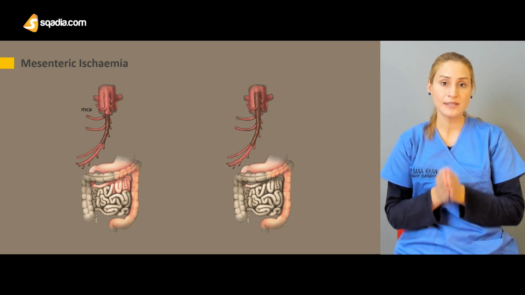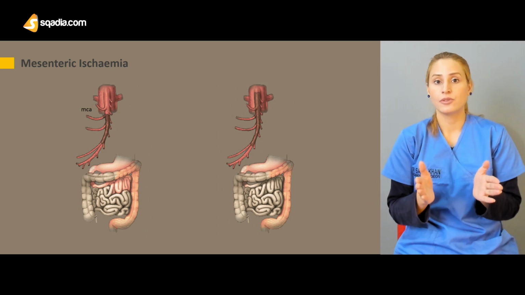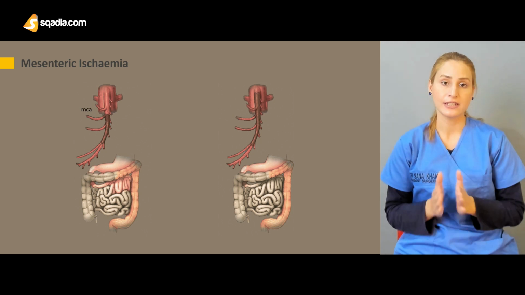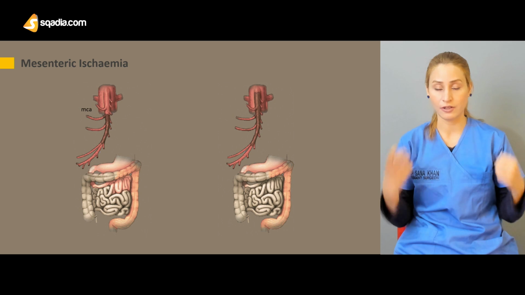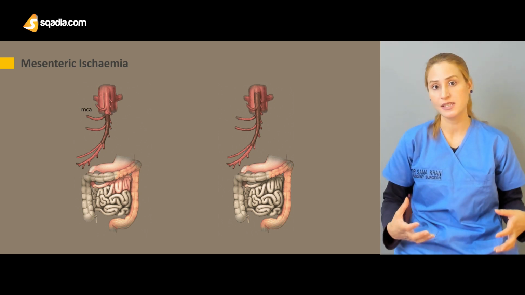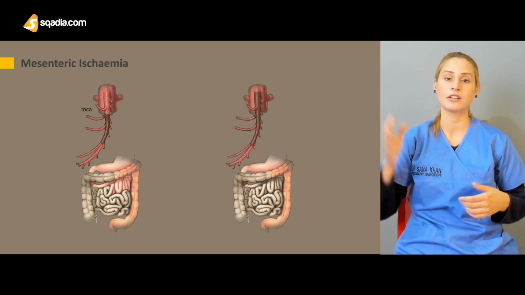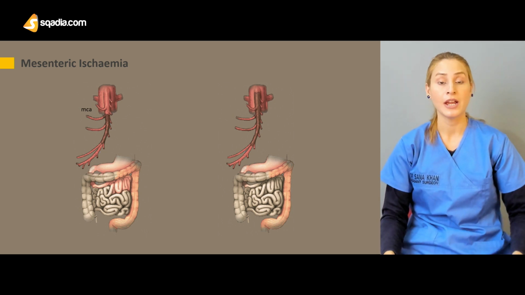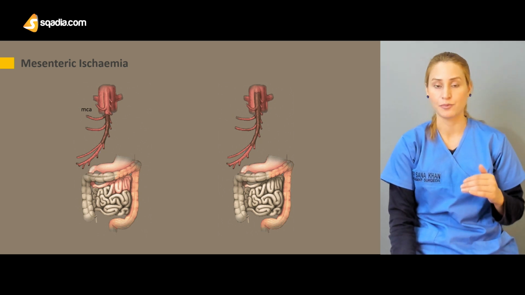So that's why it is important to diagnose this disease earlier and save the gut, because if you open up your patient and do the exploratory laparotomy, then maybe a large part of the gut would be affected, and obviously it's not possible to resect from the distal part of the duodenum till the mid-transverse colon, and the postoperative or intraoperative mortality would be very much increased. So that's why early recognition is very important in this disease.